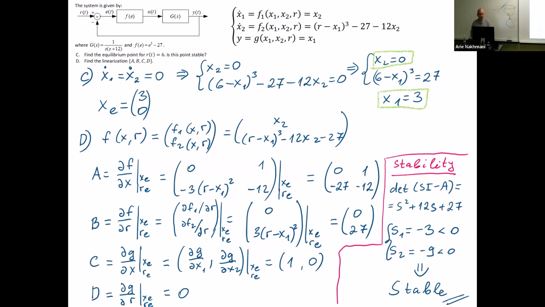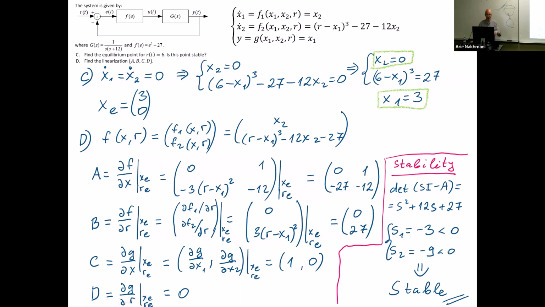All right, so how can you find the equilibrium point for r equals 6? Now you have a constant input 6. You want to see what is the equilibrium point of that non-linear system, or maybe multiple equilibrium points. All right, so what we need to define is x1 dot equals x2 dot equals 0. This is how you find equilibrium points, right?